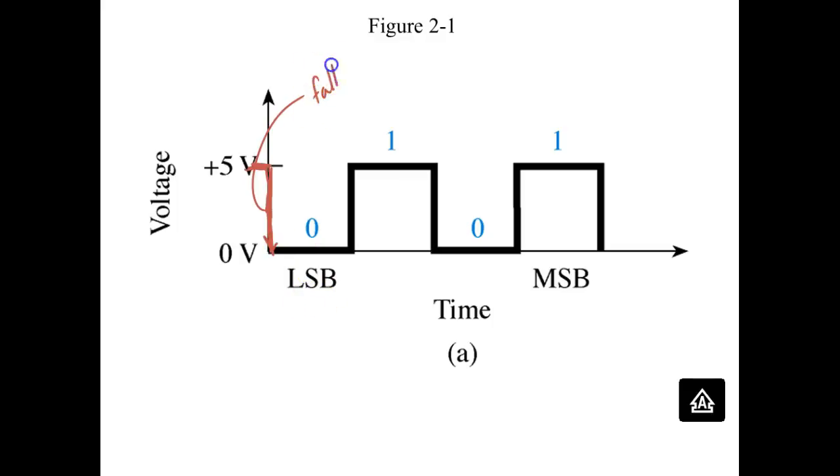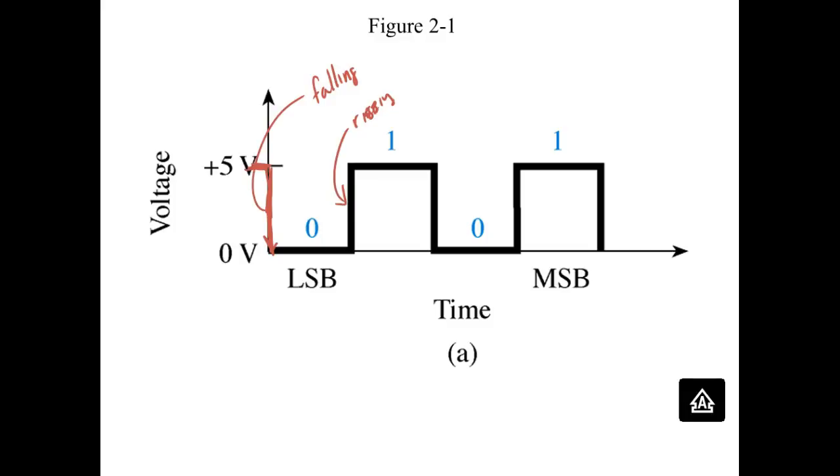This is referred to as the falling edge. And what do you think we call this? Rising. Yeah, I was trying to put raising. It's the rising edge. And we'll talk later on about leading edge and trailing edge.